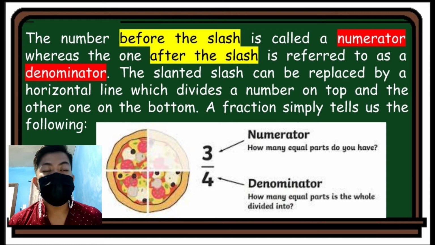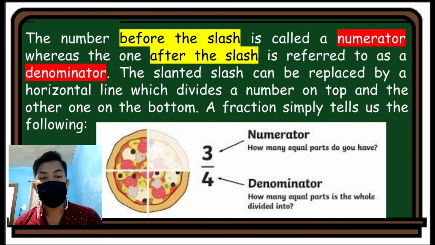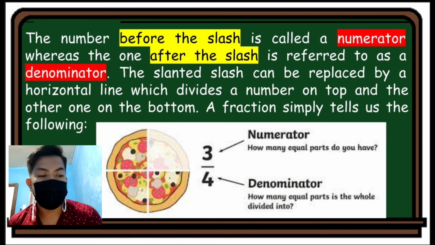The number before the slash is called the numerator, whereas the one after the slash is referred to as the denominator. The slanted slash can be replaced by the horizontal line which divides a number on the top of the other one on the bottom. A fraction simply tells us the following.